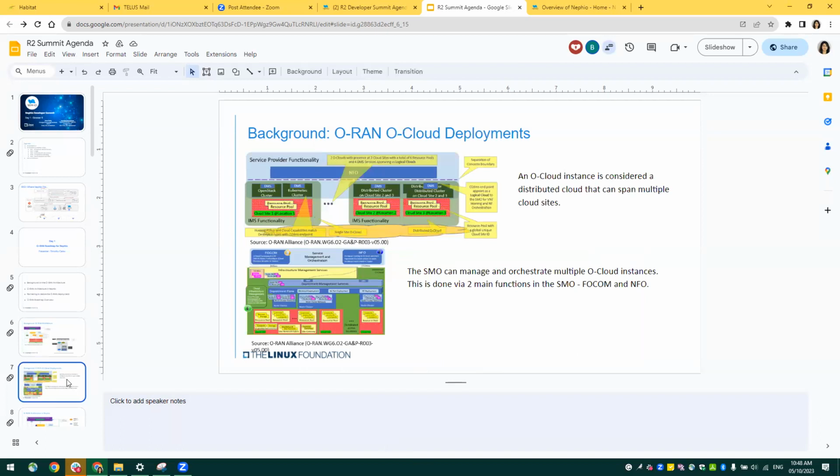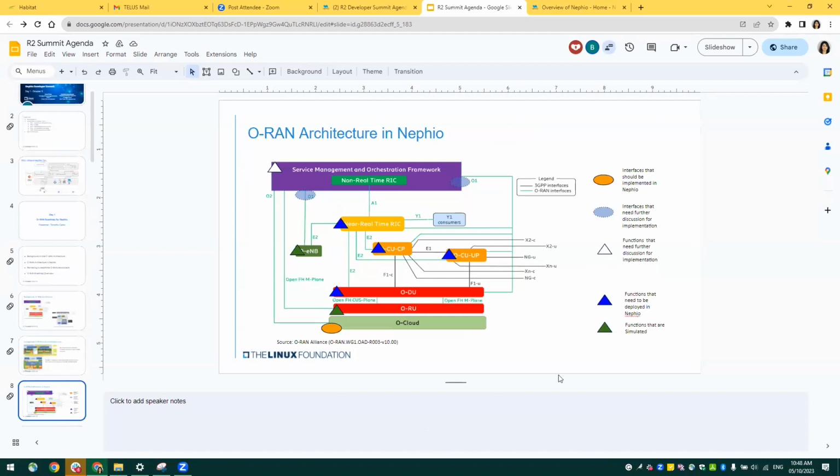High level. Okay. Then this is just about explaining that an ORAN O-Cloud deployment is constituted of an O-Cloud site, and then there are O-Cloud instances. Again, I need to polish the slide, but the point here is just to explain some of the ORAN terminology. And then slide 8 is really about the mapping of the ORAN architecture with Nephio, with some suggestions.